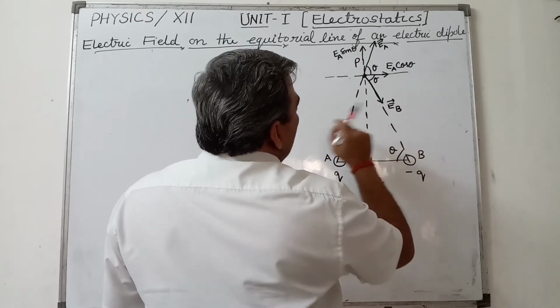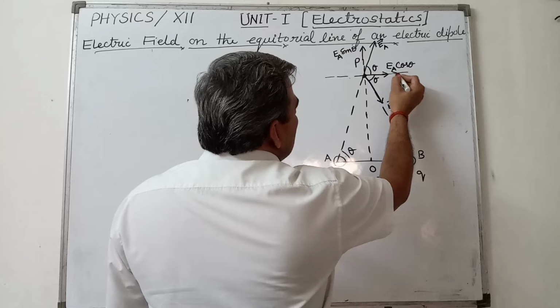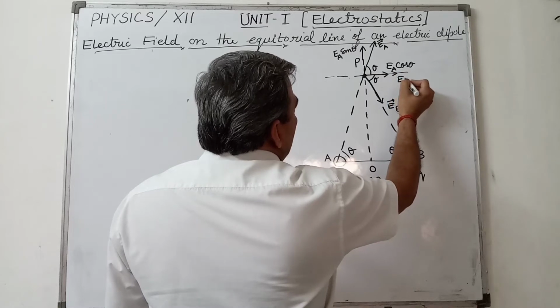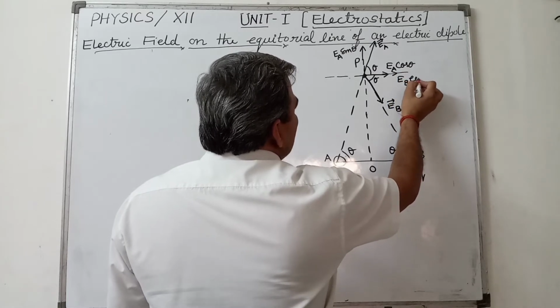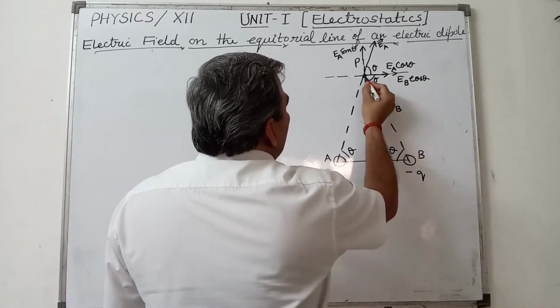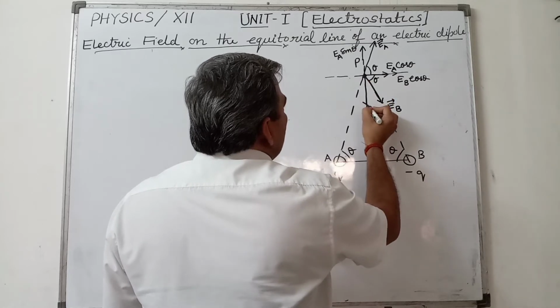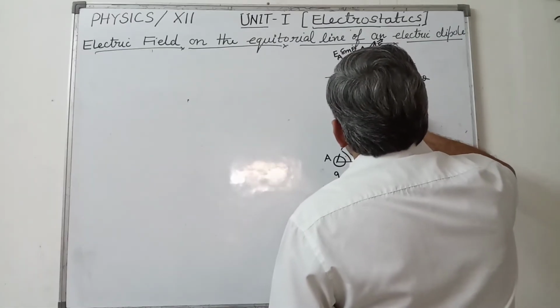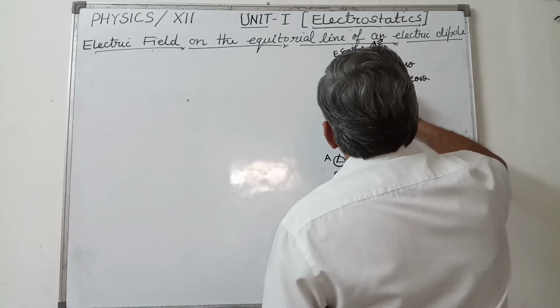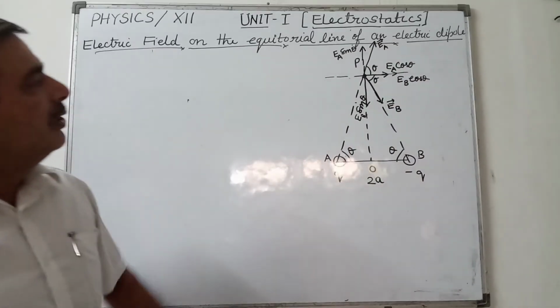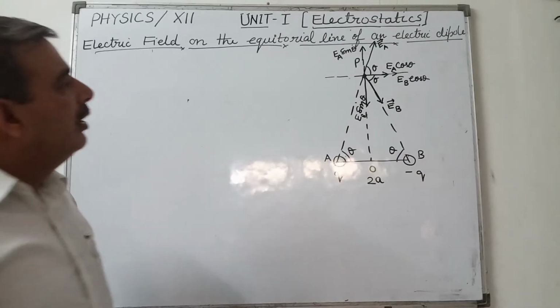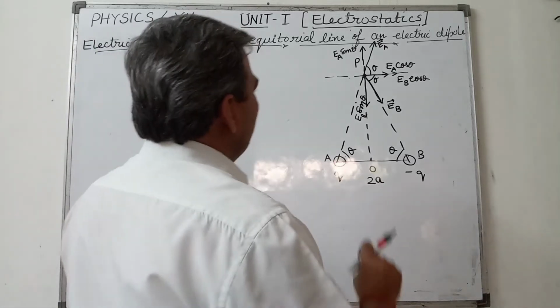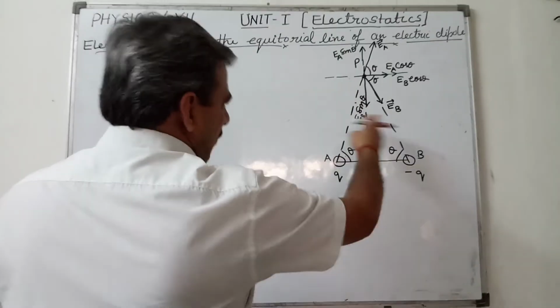In the same manner, the components of EB along the horizontal direction is EB cos theta, and here you have EB sin theta. So you have these components. Now just try to find the values of EA and EB from here.